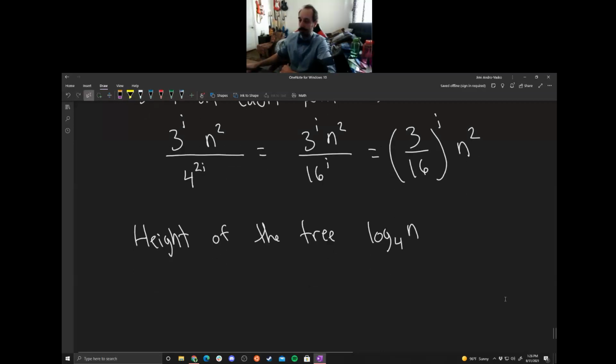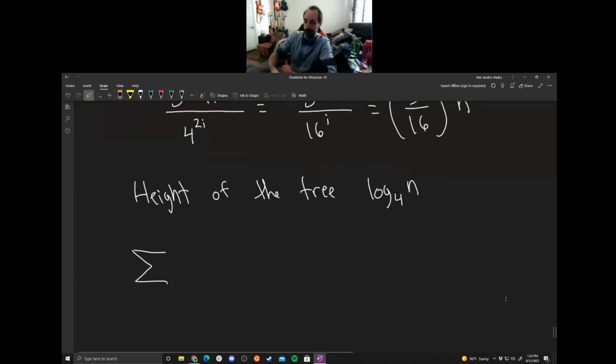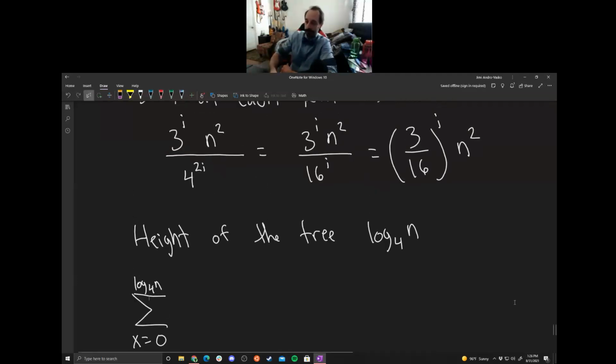So now you have to sum this all up. The total amount will be this: the sum from x equals 0 up to log 4 of n of 3 over 16 to the power x, times n squared.